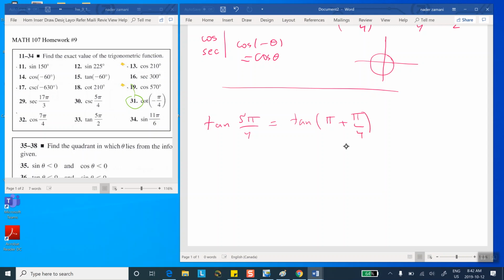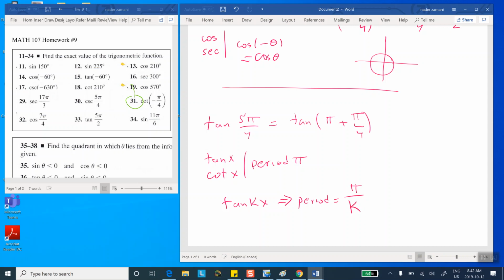And let's recall that tangent x and cotangent have period pi, not 2 pi, period pi. Remember, the period of tangent of kx is in general pi over k.